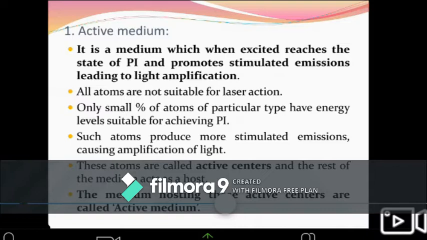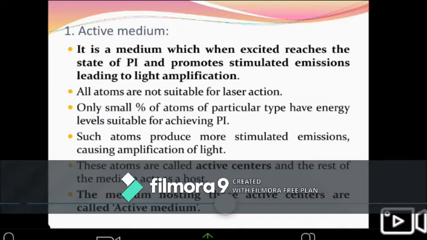I told you that within the active medium, all atoms need not be active; some of them are passive also. They behave as host to these active materials. Only a small percentage of atoms of a particular type have energy levels suitable to achieve population inversion. The other, passive ones don't take part in the population inversion.